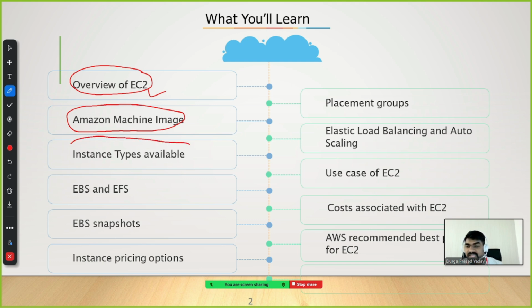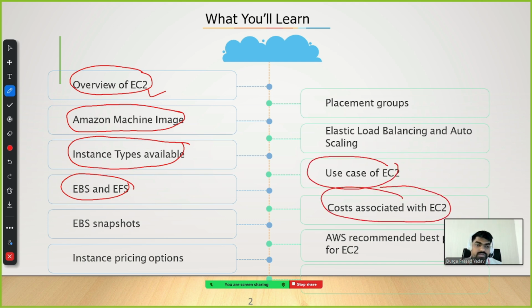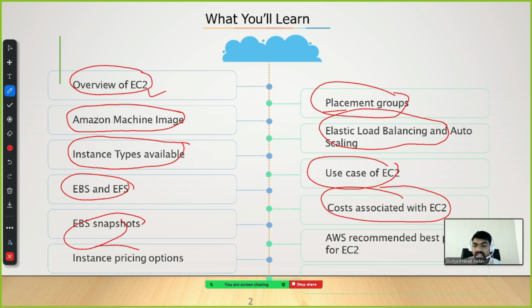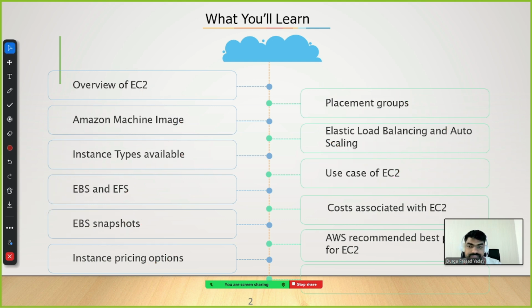What are instance types? What are EBS and EFS? The use cases of EC2, the cost associated with EC2, load balancing and auto scaling using EC2, placement groups of EC2, how it is placed into the data center, snapshots, purchasing options, and the recommended best practices for EC2. We are going to learn these one by one, and after that your lab part will be very easy.